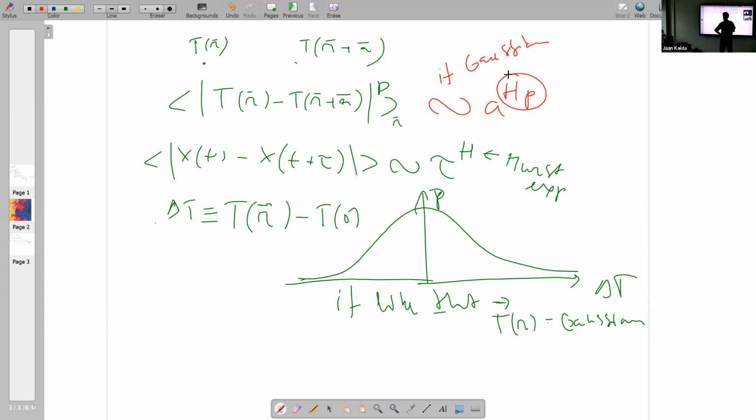In the general case, this is a to the power of xi, let us denote it xi as a function of p. In the general case, if we have a so-called multi-affine function, then we also expect a power law.